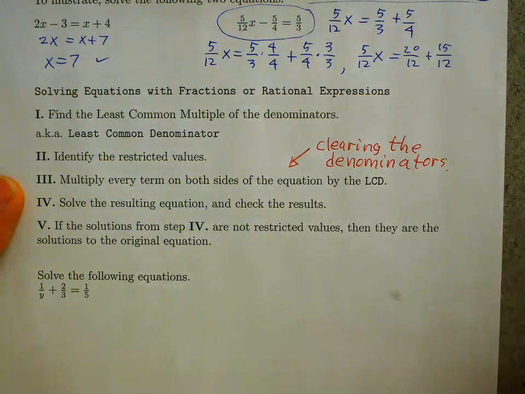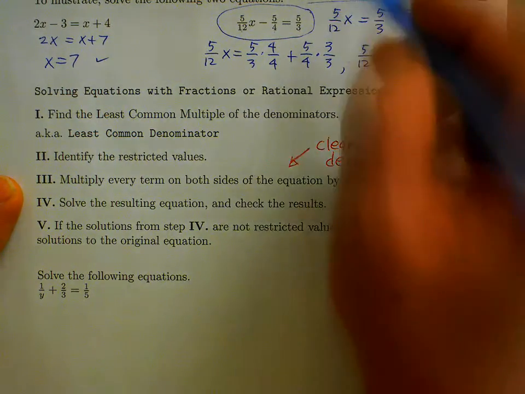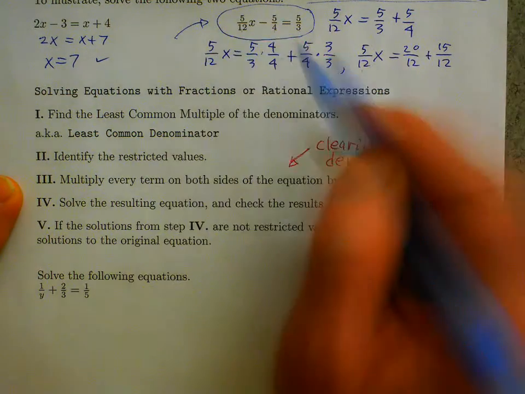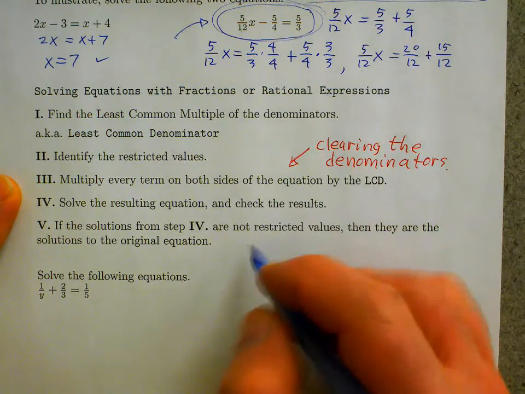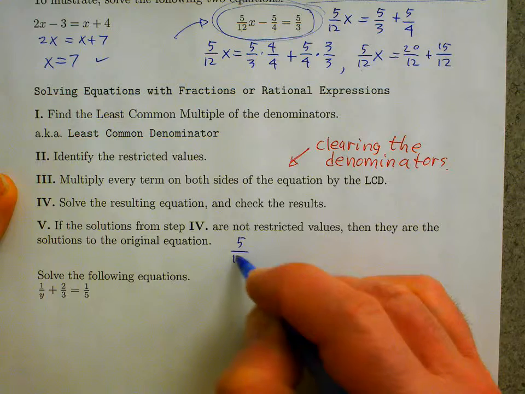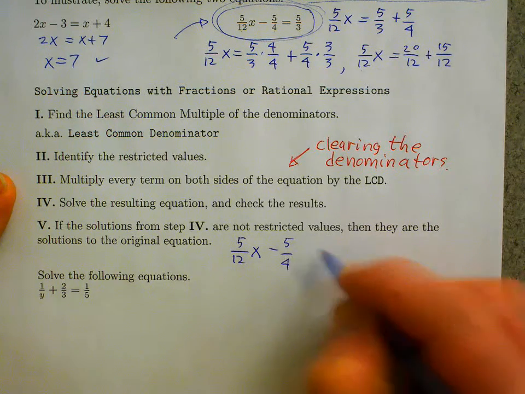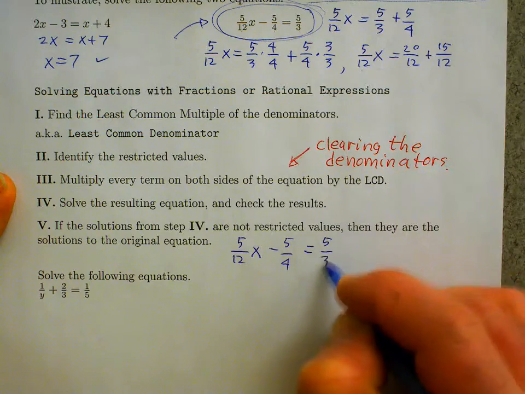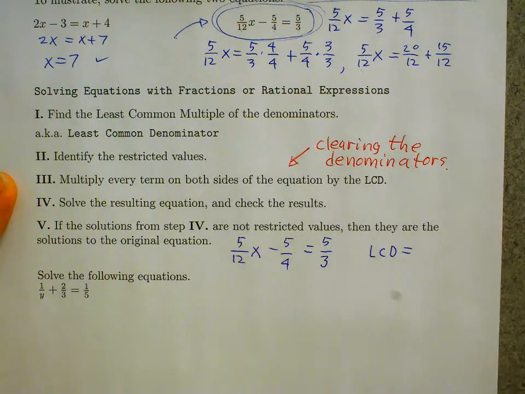Okay, so I should have saved some space to apply that process to this equation up here with fractions, but I think we can do that here. If I rewrite 5/12 x minus 5/4 equals 5/3, what's the least common denominator?